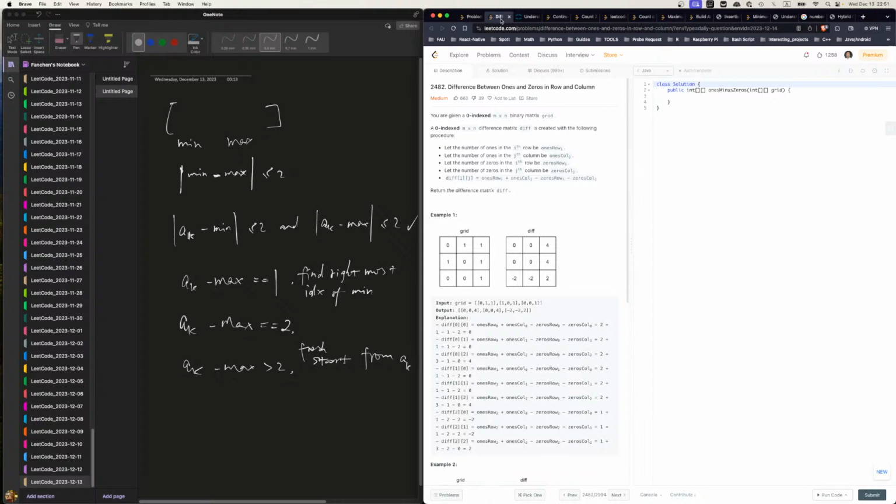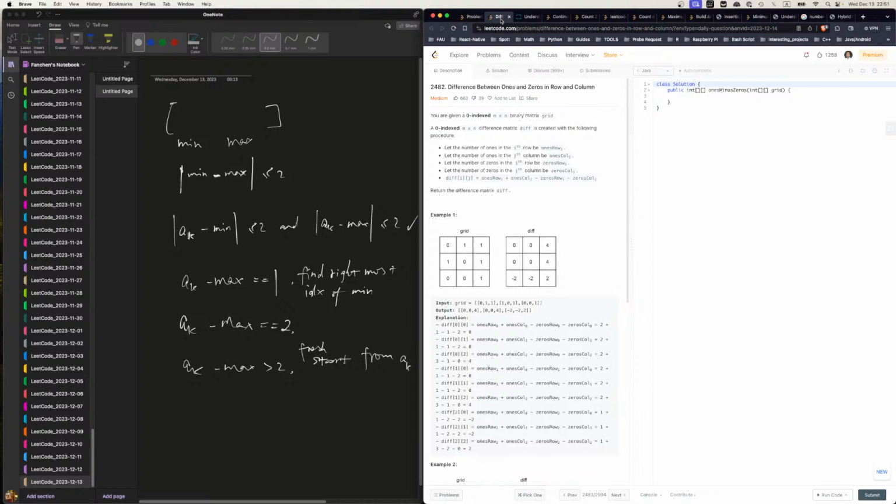Let the number of ones in the jth column be onesCol j. Let the number of zeros in the ith row be zerosRow i, and so we have all that. Then diff[i][j] is the number of ones in row i plus the number of ones in column j minus the number of zeros in row i, and so on.